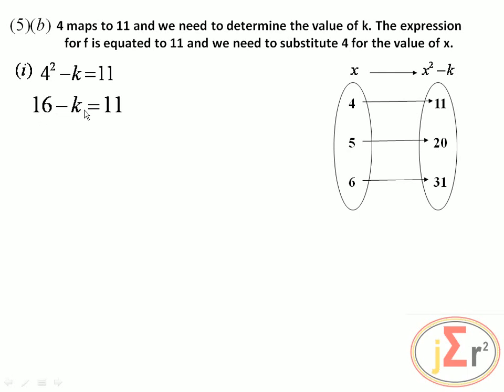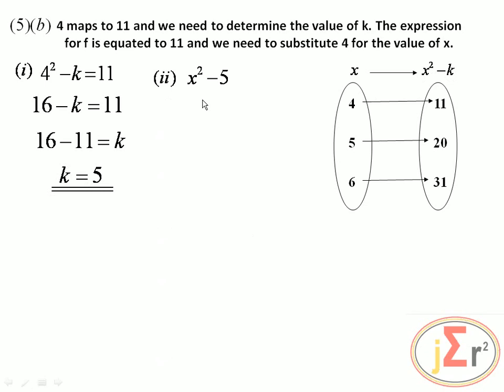16 minus k is equal to 11. All we need to do is transpose this negative k here and transpose this 11 there. As a matter of fact, we'll have 5 is equal to k, then k is equal to 5. If k is equal to 5, then x squared minus k will be x squared minus 5.